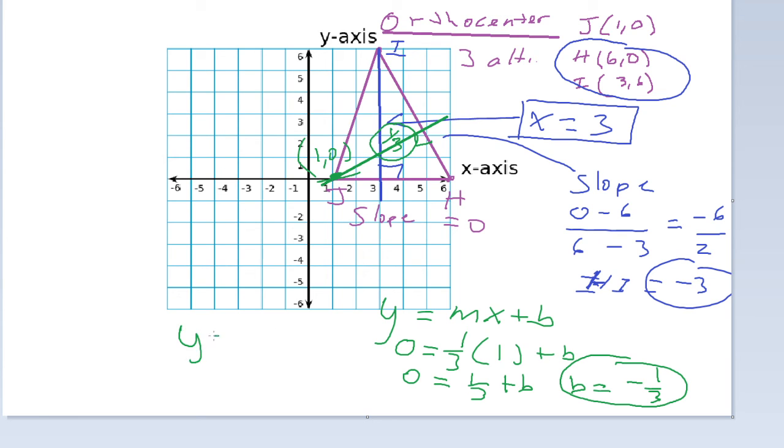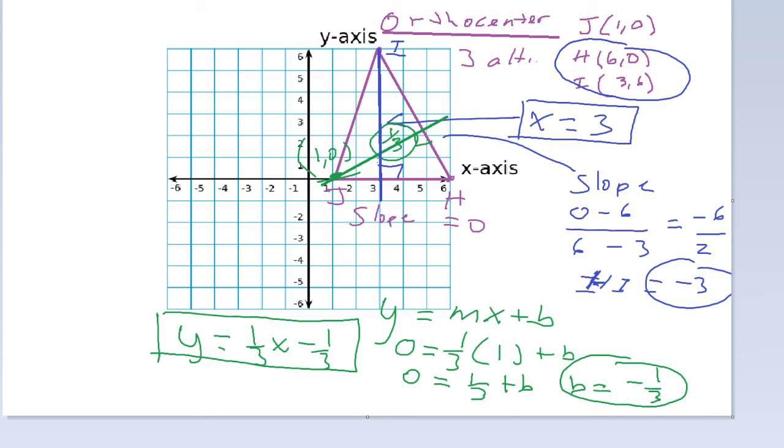So the equation will be y = 1/3 x minus 1/3. So I have the green equation and I have the blue equation, which is this one here, and I know that's going to be x equals 3.